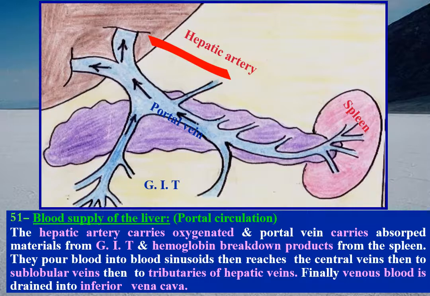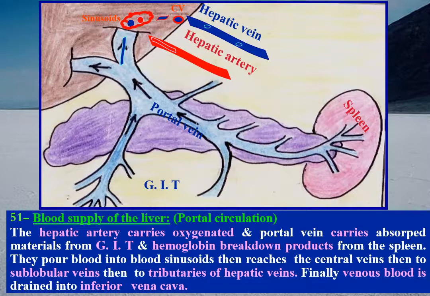Both hepatic artery and portal vein pour their blood into blood sinusoids. Then blood passes from blood sinusoids and reaches the central veins, then passes to sublobular veins, then to tributaries of hepatic veins. Finally, the venous blood is drained into inferior vena cava.